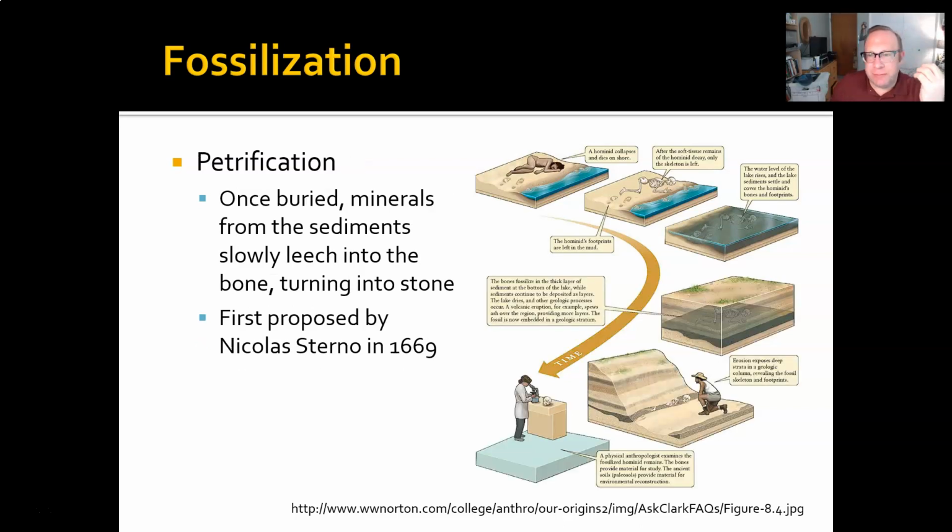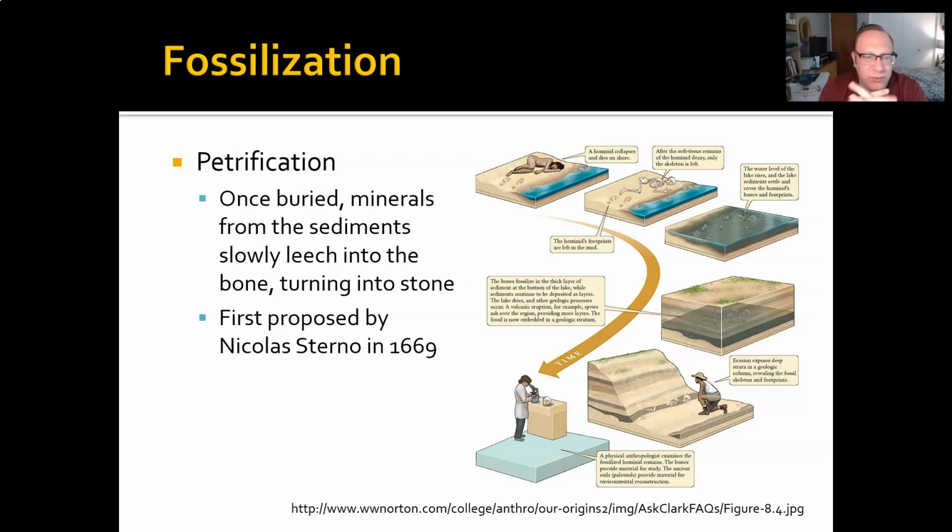The next step in the process of fossilization is petrification. So this is when the minerals in the bones are exchanged for the minerals in the soil surrounding it. This is a very slow process, and literally petrification means turning to stone.